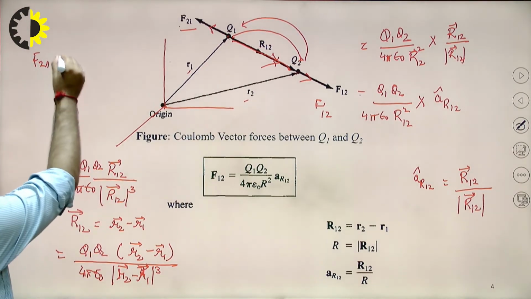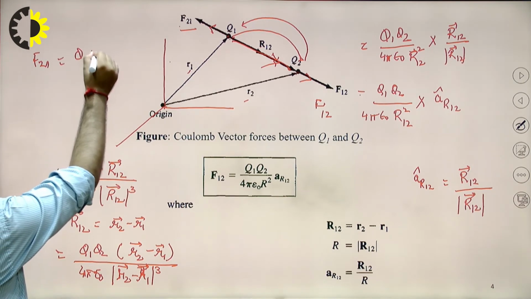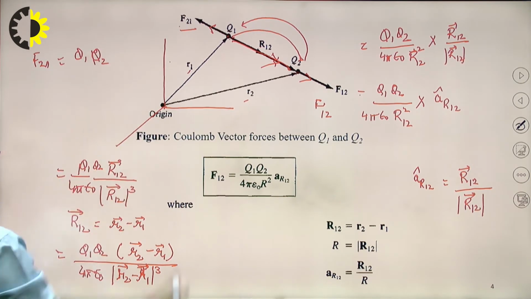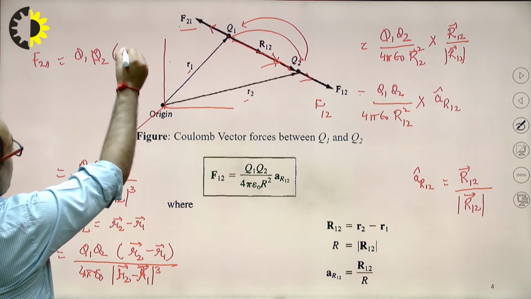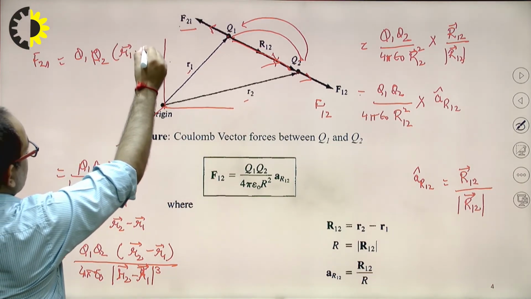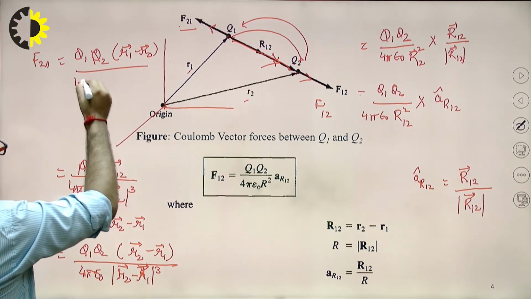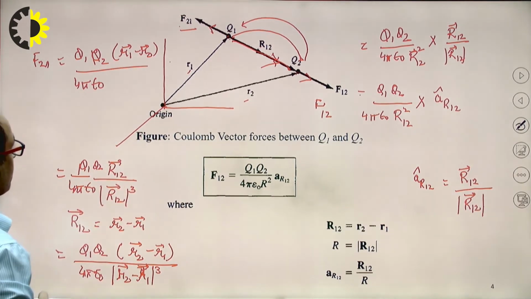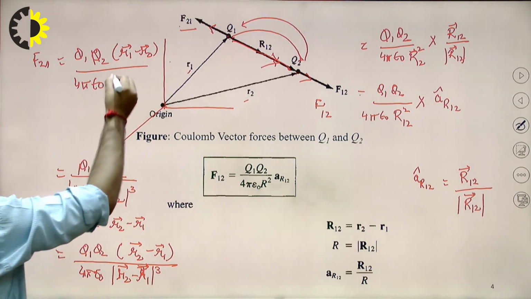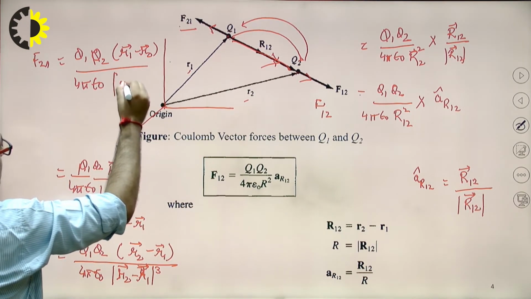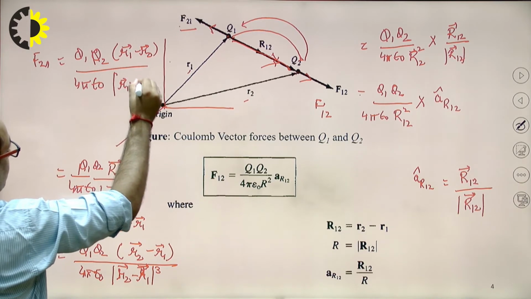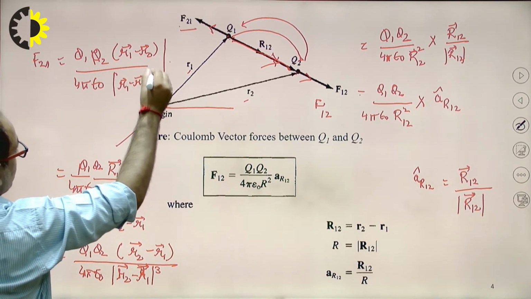F21 will be q1 q2 times (r1 vector minus r2 vector) divided by 4 pi epsilon naught, bracket start r1 minus r2 to the power 3.